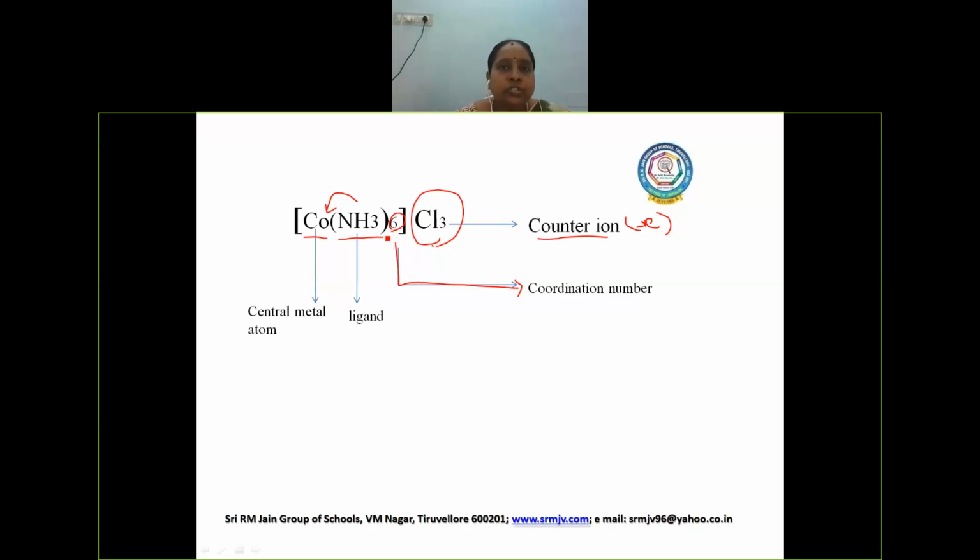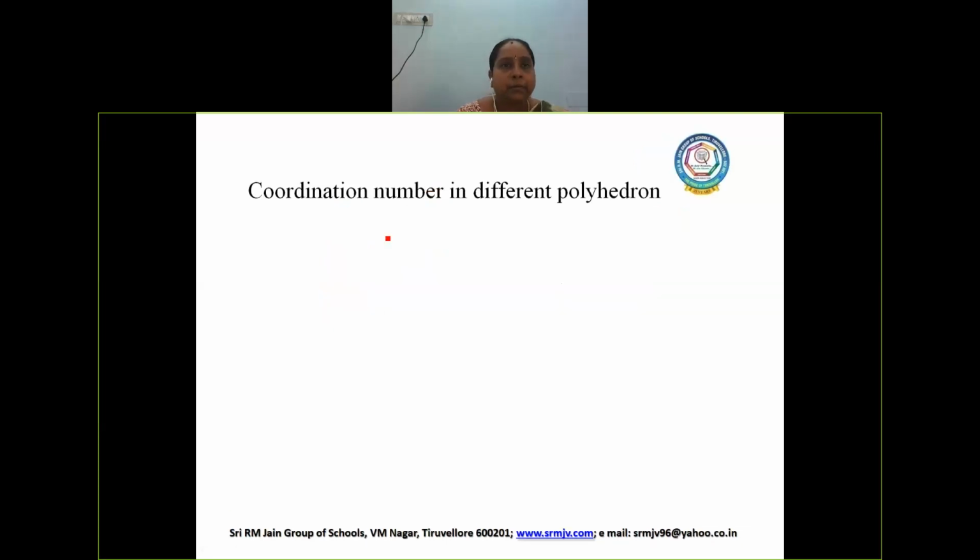But we need to use a formula when we have some confusion, isn't it? So let us go into detail on how to calculate the coordination number. Here we have the coordination number in different polyhedra. What are the common polyhedra we have in coordination complexes?